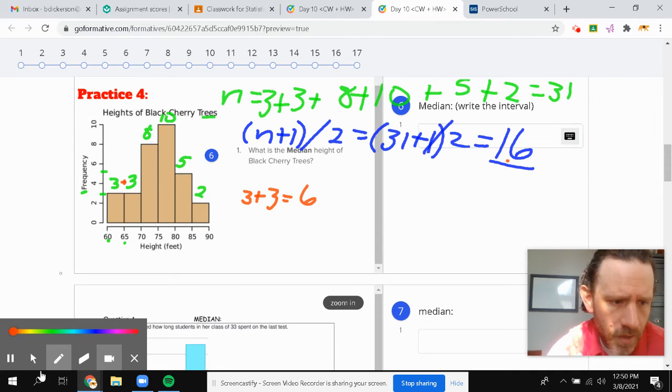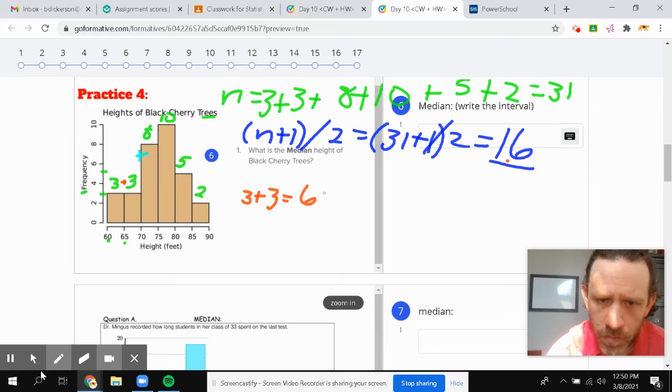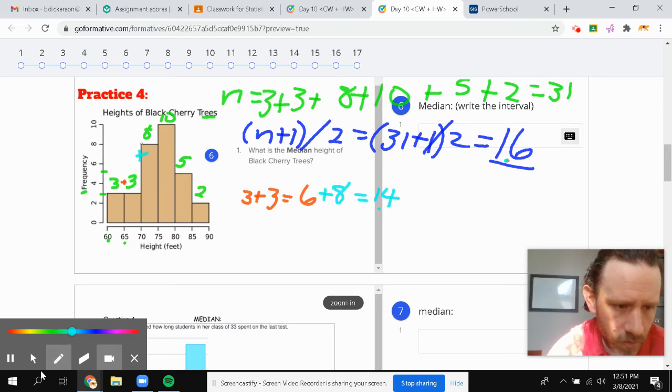So let's now go to the next one, right? So let's add in the 8 and see what we get. Because we've got to see if that's where the middle is. So I add 8. And 8 plus 6 is 14. Have we gotten to 16 yet? Right, we're looking for that 16. 14 is not 16 yet, so we have to go to the next group.